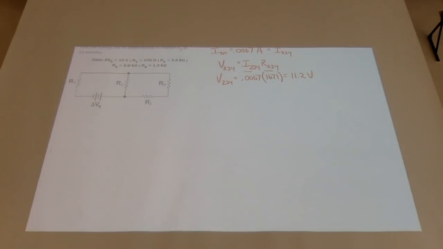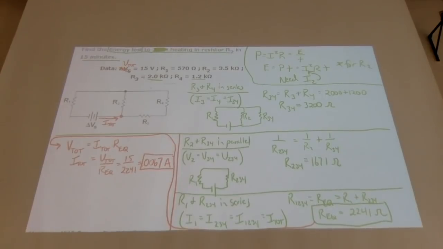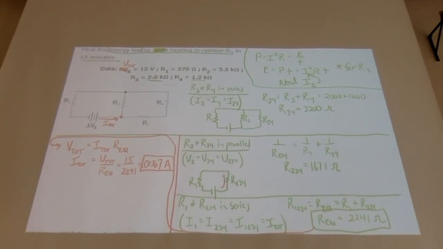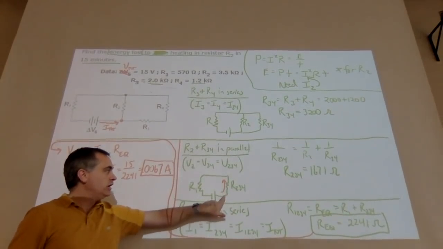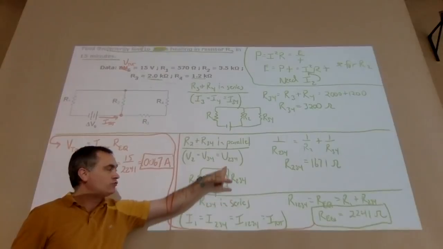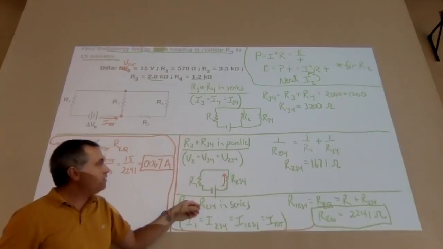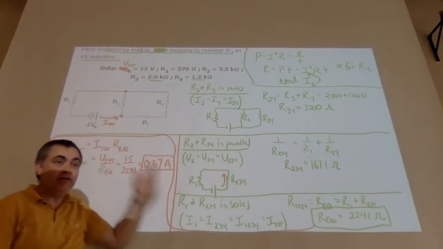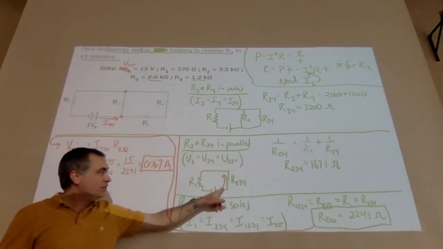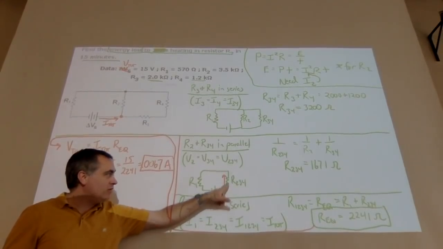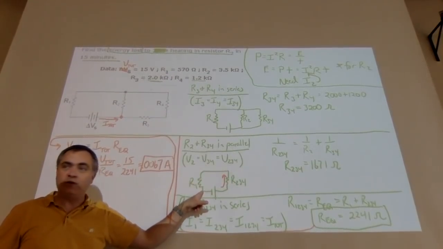So let me look at the circuit and figure out what we've discovered here. Basically, we know how much current is passing through that resistor, whatever current is passing through 234. And we found the voltage drop as we go from one side of that resistor to the other, okay? 11.2 out of the total of 15 volts is getting used up, which means that even though we don't need to know this, if it goes down 11.2 here, it's got to go down the rest of the way as it goes across that other resistor.